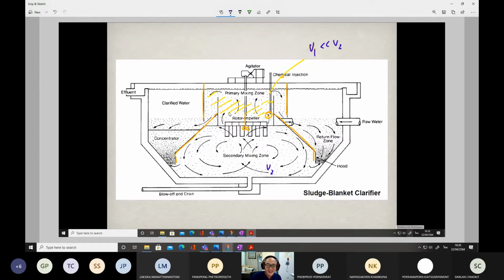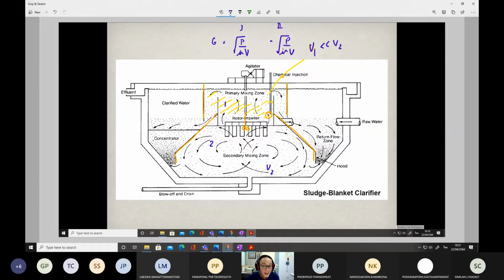If we compare the mixing in the first compartment and in the second compartment by considering G, G is equal to the square root of P divided by mu V. The equipment is the same, working in two zones, so the power is the same.